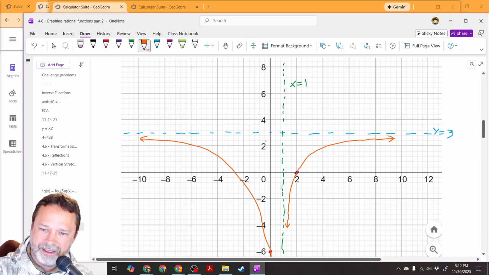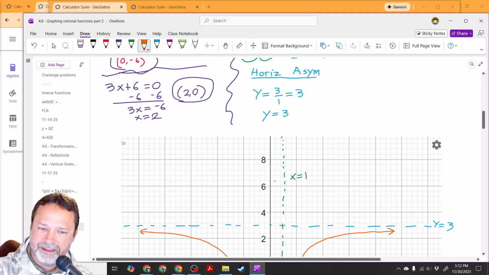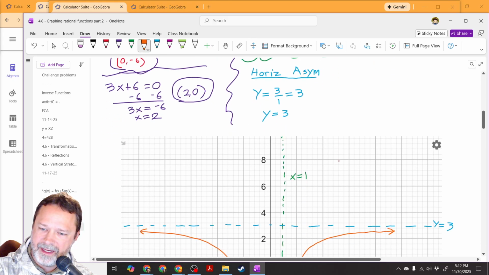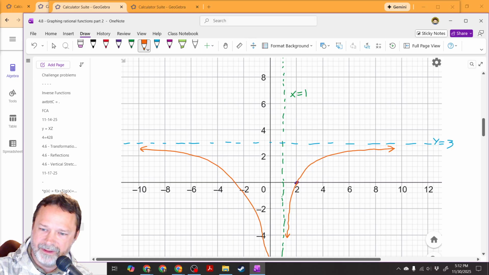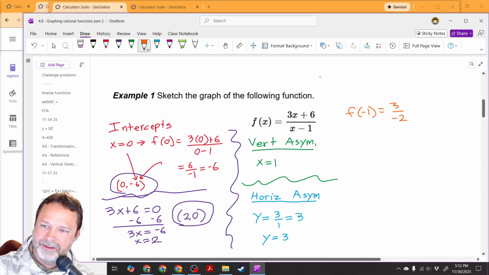So you know what? We did okay. It's definitely looking the way it's supposed to. We could try f of 2, we did. F of 1 we can't do. We could go f of 4. Just try one more, and then I'm going to say we're good.